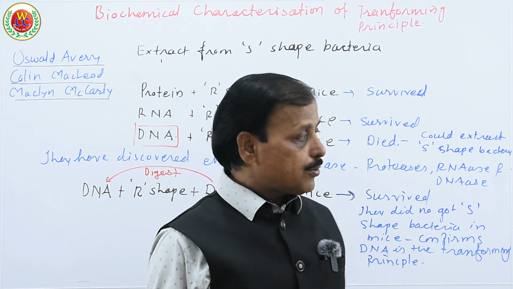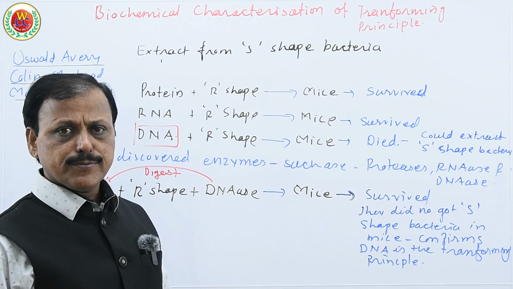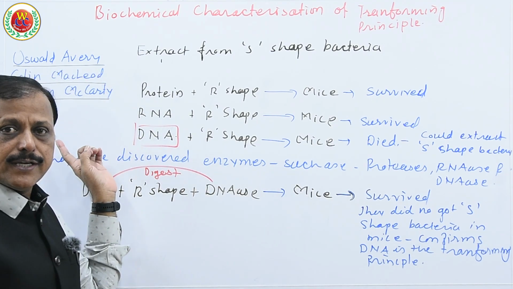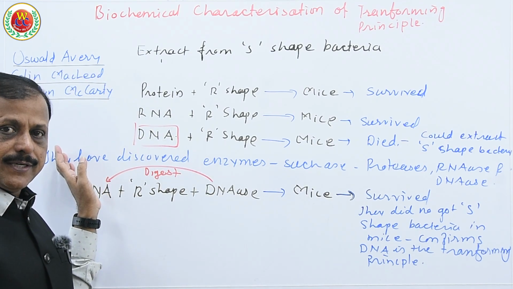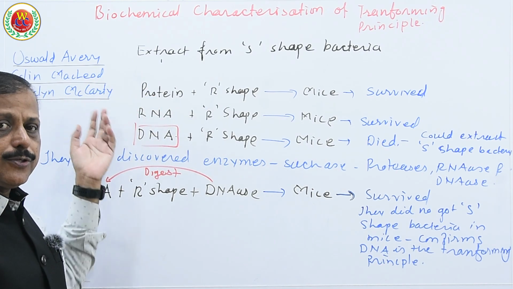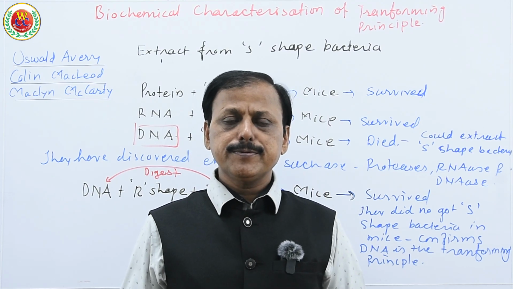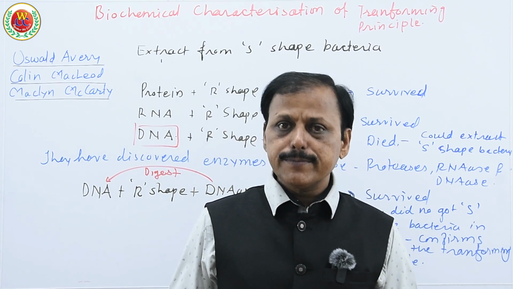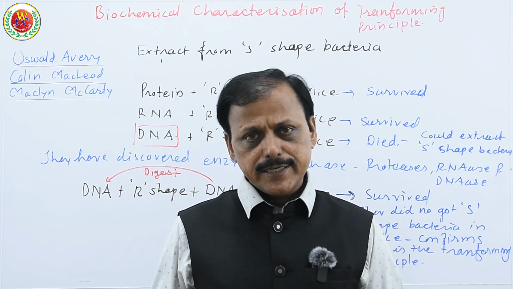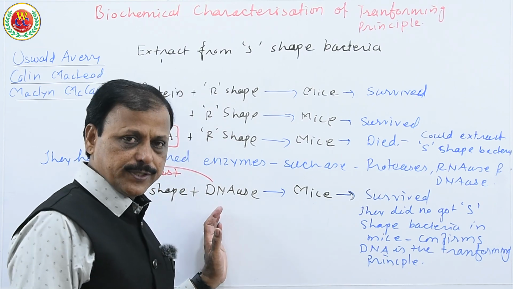A question can be asked in the board exam: explain the biochemical characterization of the transforming principle given by MacLeod, McCarty and Avery for 3 marks. Or explain the experiment given by MacLeod, McCarty and Avery to prove that the transforming principle given by Frederick Griffith is DNA and not protein.